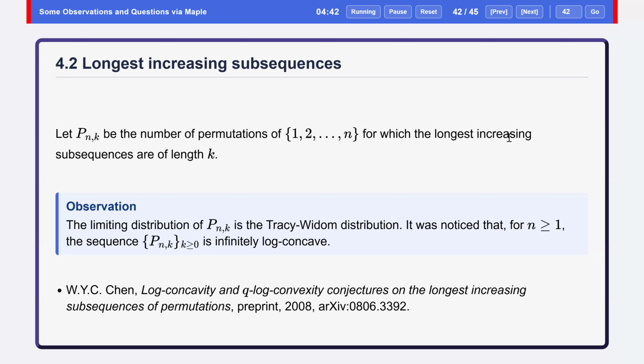If we consider the number of permutations for which the longest increasing subsequences are of a given length, the limiting distribution is the Tracy-Widom distribution. It was noticed that the computation shows that for n in general, the sequence is infinitely log-concave.